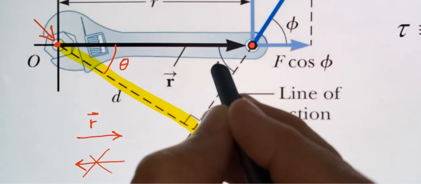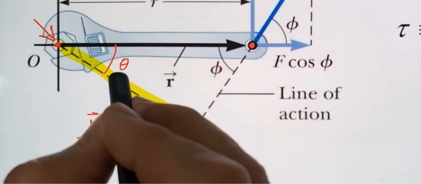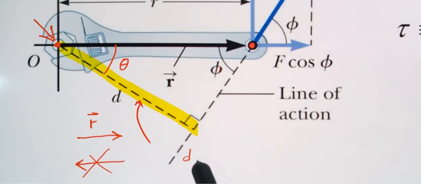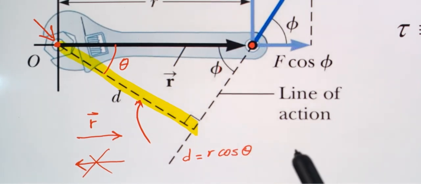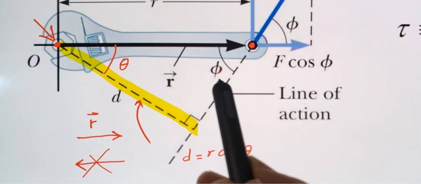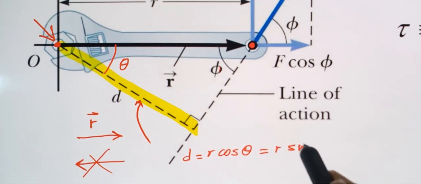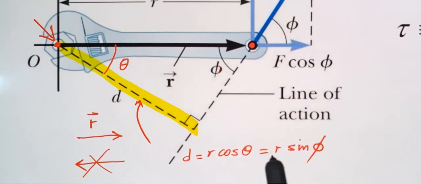This is phi, and this is theta. What is this component? D in reality is equal R cosine theta. What is the relation between theta and phi? Well, they complete each other, so that means R sine phi. So he loved that in the book. I don't know, just to confuse students, I have no idea. But D is R sine theta.